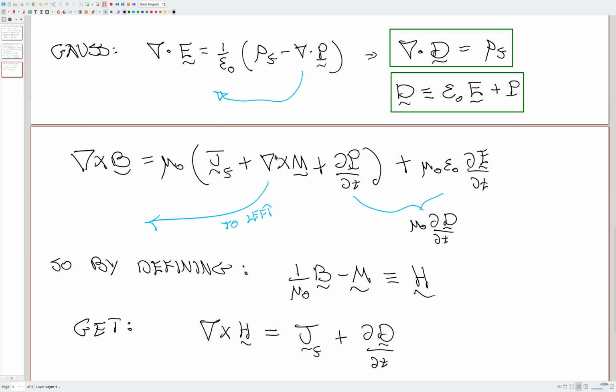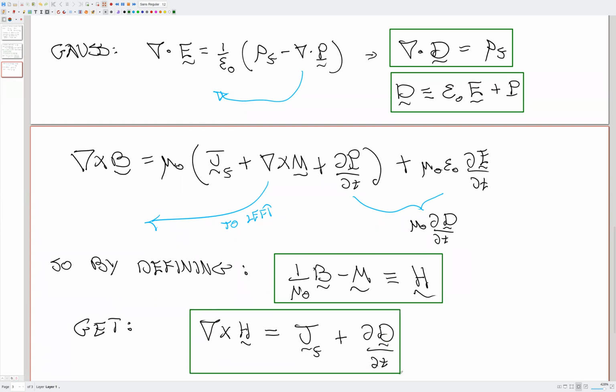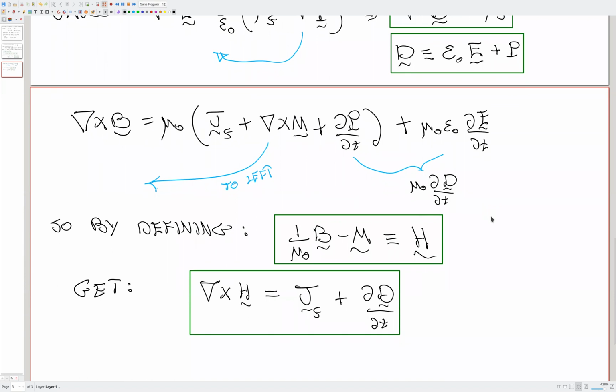Okay, so once again, glory to these equations. So this is the equivalent of Ampère-Maxwell, but in the presence of matter.